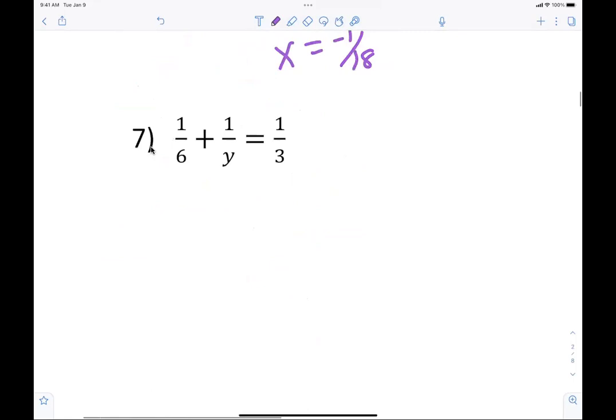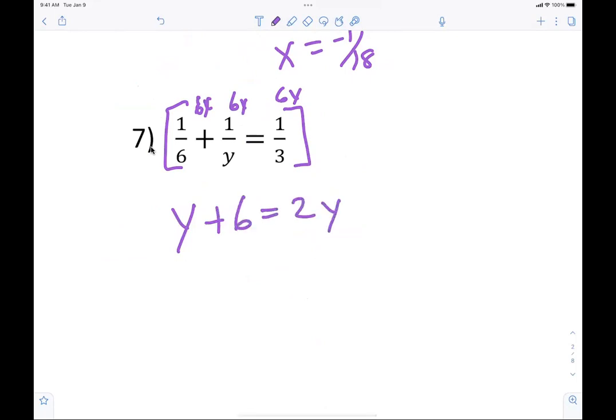Okay. Number 7, multiplying through by 6y, 6y, 6y. All right. So 6y divided by 6 is just y. 6y divided by y is 6. 6y divided by 3 is 2y. All right, and then we just subtract y.